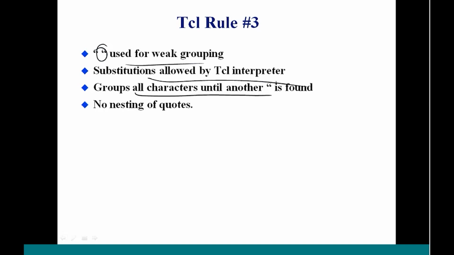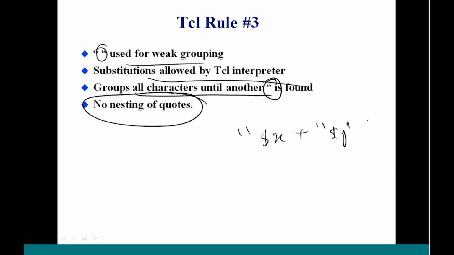It groups all characters until a matching quote is found. One thing to note is there is no nesting of quotes, so you cannot start a quote, then write $x plus, then start another quote and then $y and then end this.